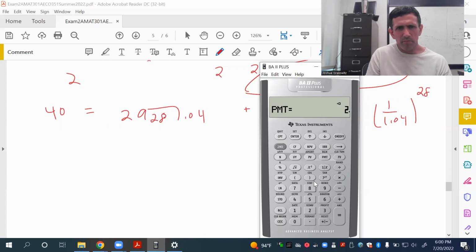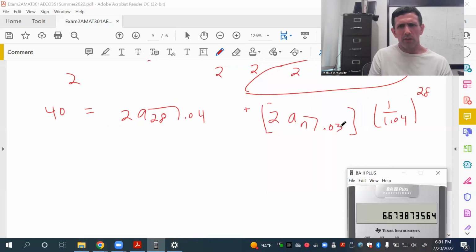Sorry. Payment 2, 28, and for interest, compute present value. So let's add 40 to it. So we get 6.6738. I'm going to store that into one spot.